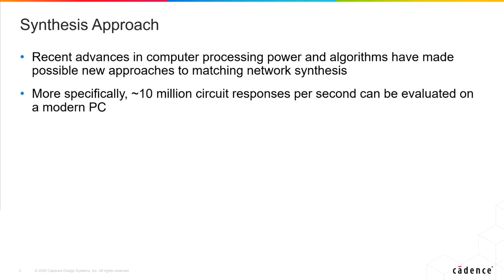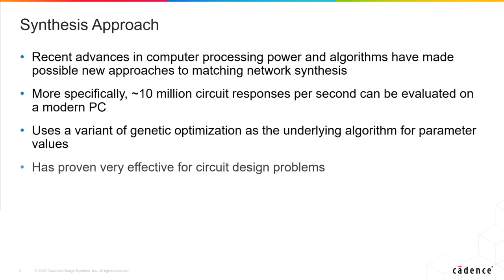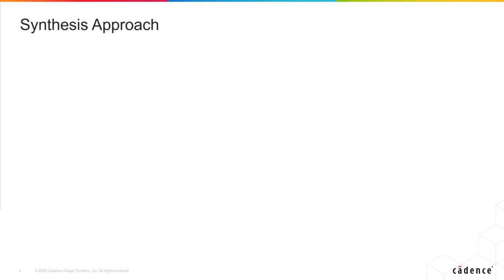So we're taking direct advantage of this. We do use a variant of genetic optimization for the underlying search, for the actual topologies, as well as for the parameter values. And this particular algorithm has proven very effective for circuit design problems. So, of course, exactly the type of problem we're trying to tackle.